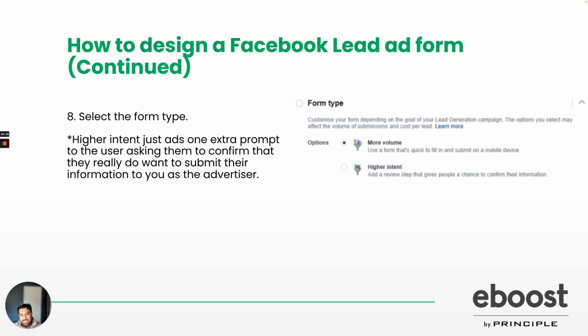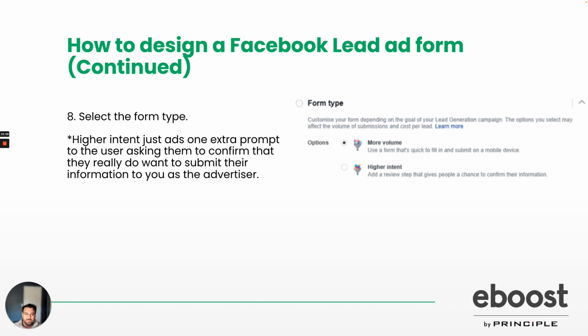And that additional page basically confirms with them, are you sure you want to send your information to this advertiser? The user then has to not click a button, but they have to slide a button across to send that information over to you. And I think the idea is essentially to prevent people from just button mashing and clicking next, and submitting a lead that they didn't intend to submit.